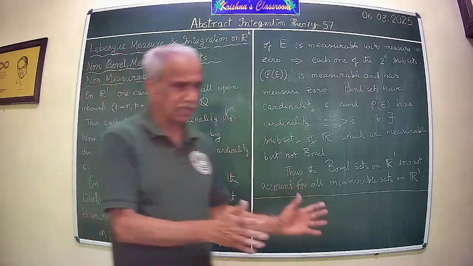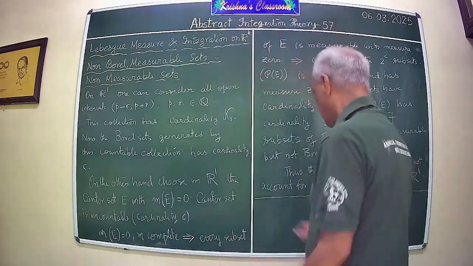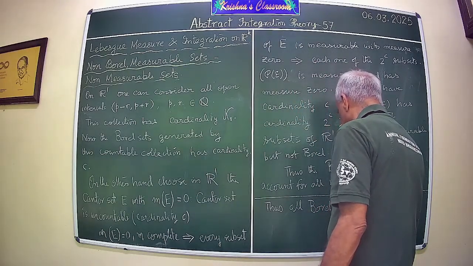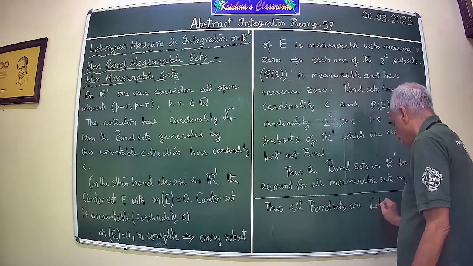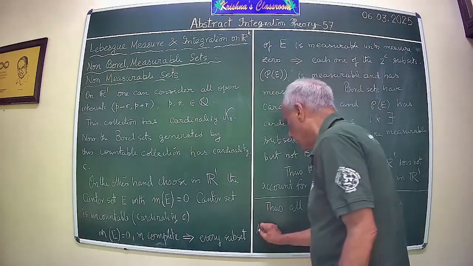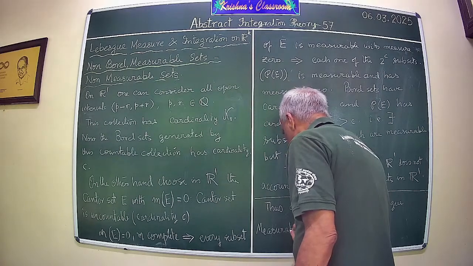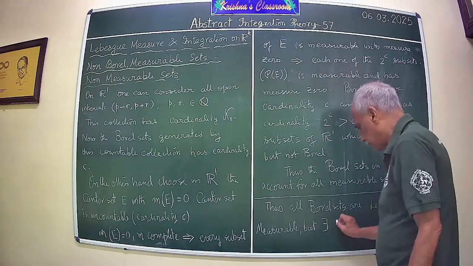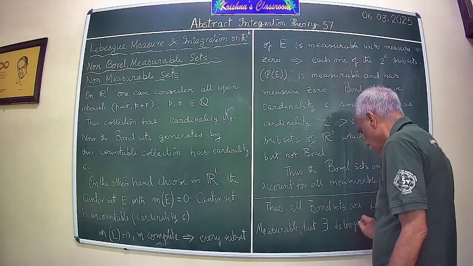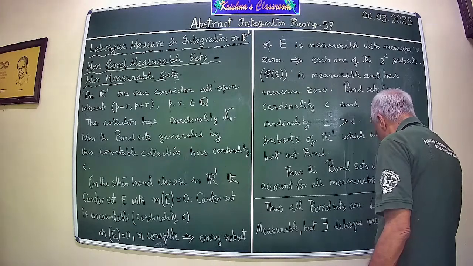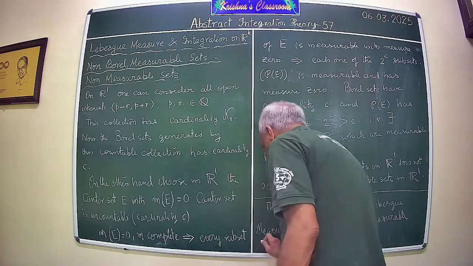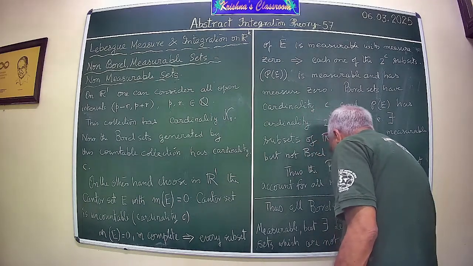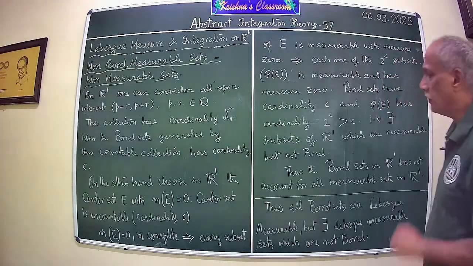But the important point is all Borel sets are Lebesgue measurable, but there exist Lebesgue measurable sets which are not Borel. That is one question has been settled.